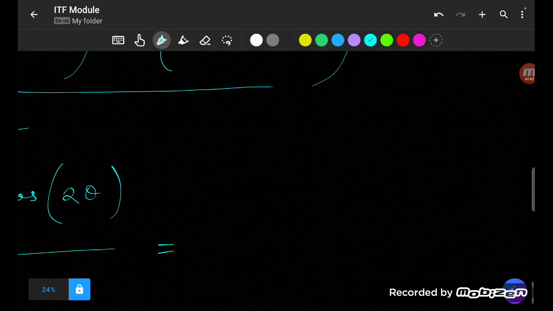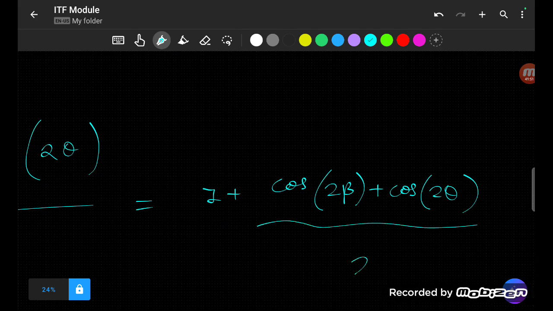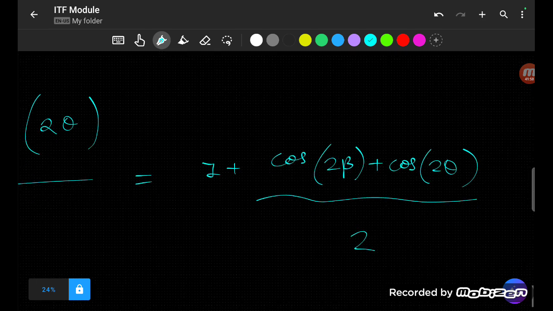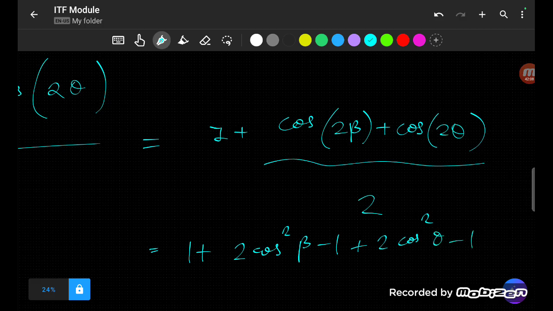Simple, this is 1 plus cos... no. 1 plus 2 cos square beta minus 1 plus 2 cos square theta plus 1.